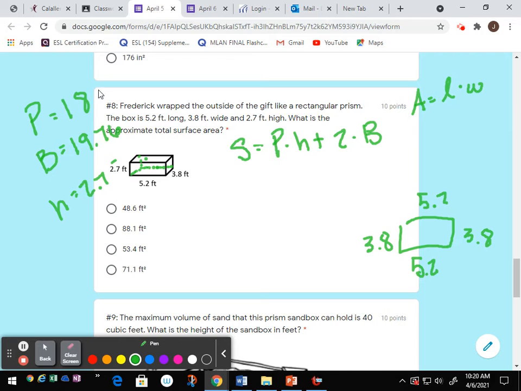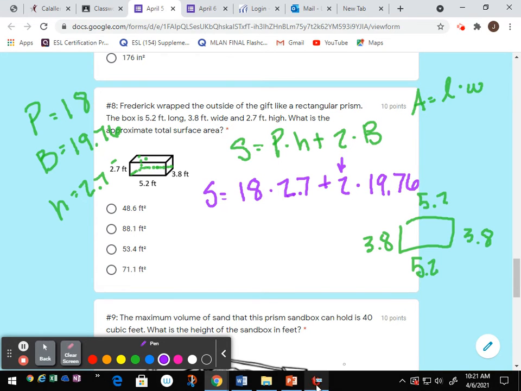We have all of our numbers for the letters we need, so we'll plug them into our formula. S is equal to 18 for big P, times 2.7 for H, plus 2 times our big B, which is 19.76.